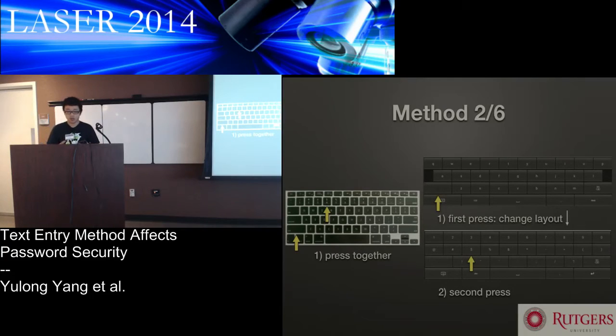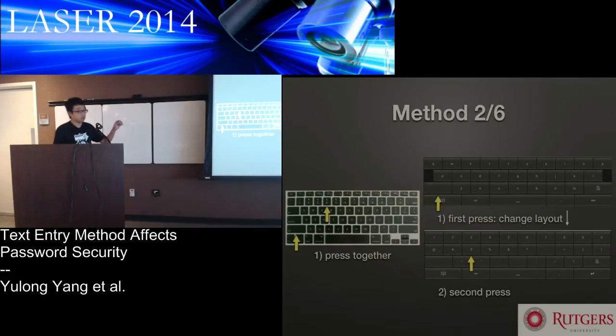The details of all the keyboards, layouts, and design can be found in the paper, and I also have a slide in the appendix. Here I just want to illustrate the difference with simple examples. Basically, we designed the text-centered methods so that they provide a different level of difficulty in reaching certain keys.